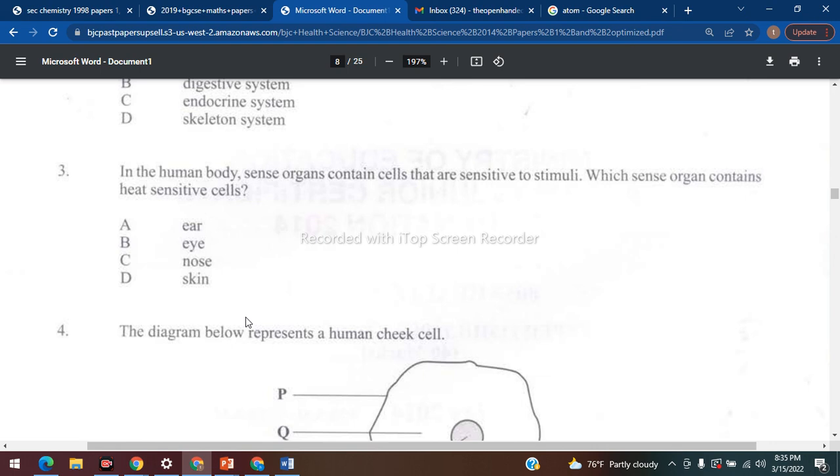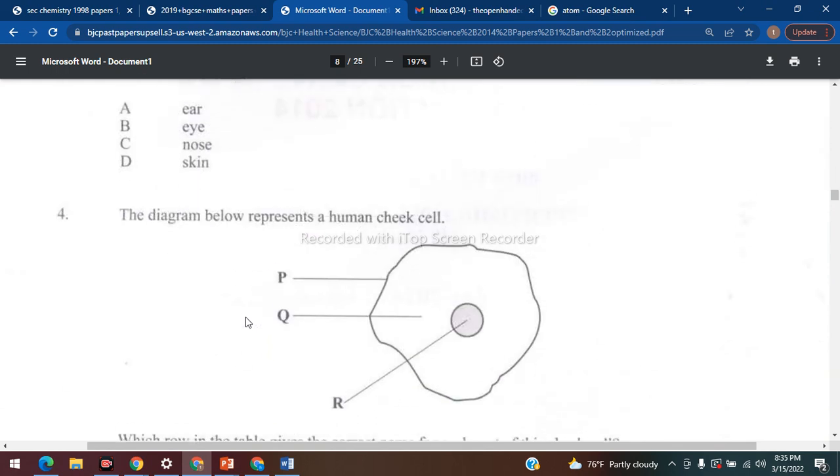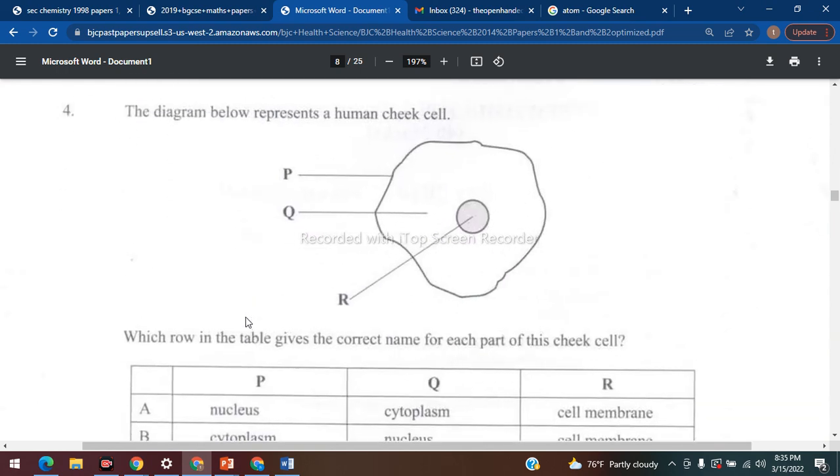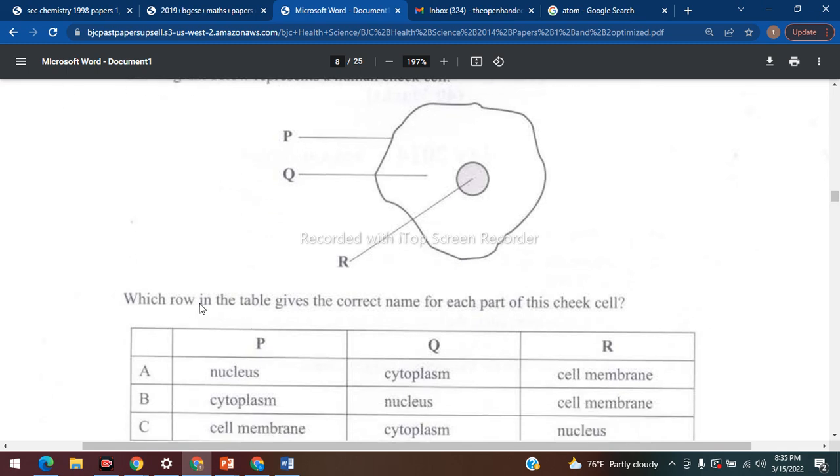No problem. Okay, so in the human body, sense organs. Oh, we did that. Number 4 now. The diagram below represents a human cheek cell. Someone's mic is on. Please, if you're not speaking, mute your mic.